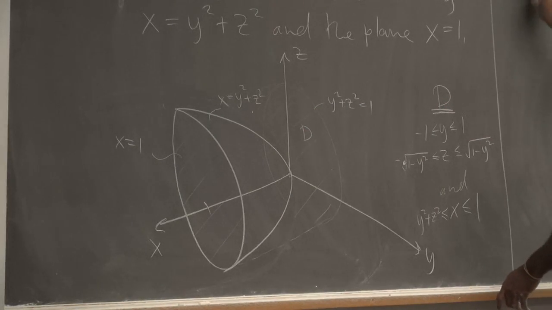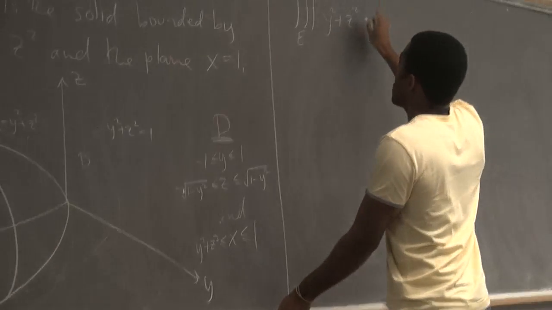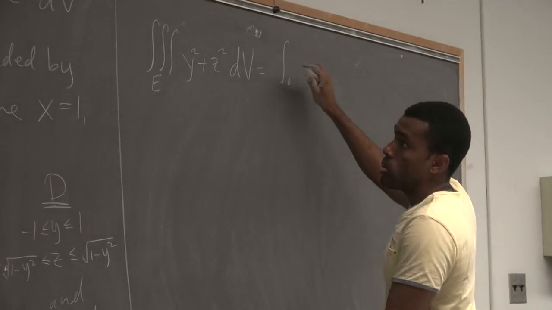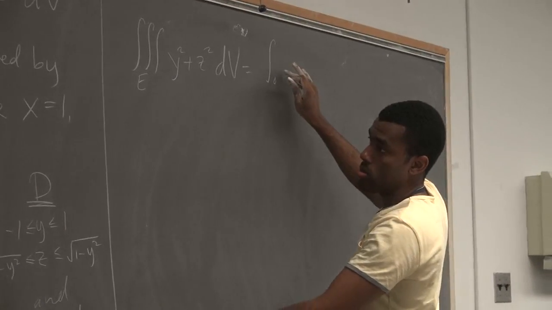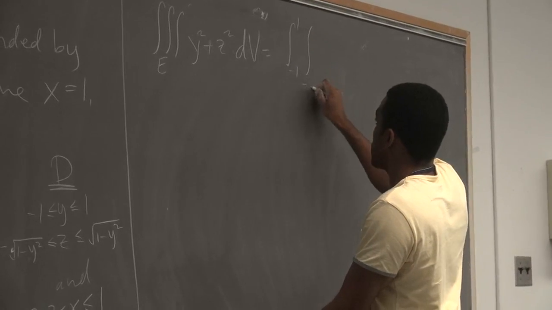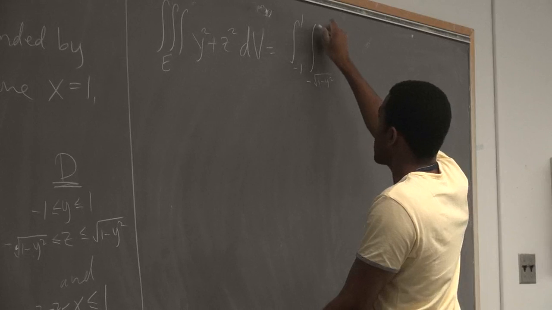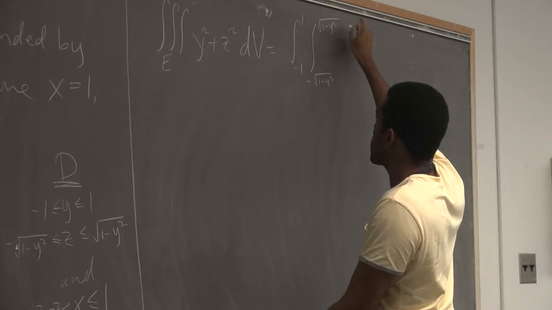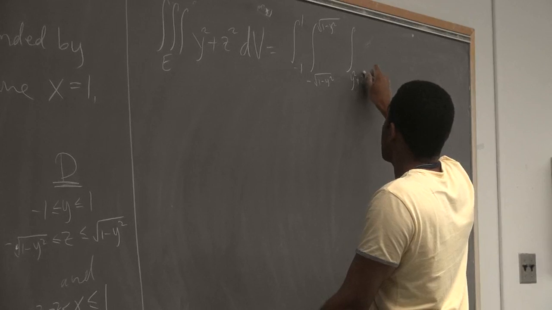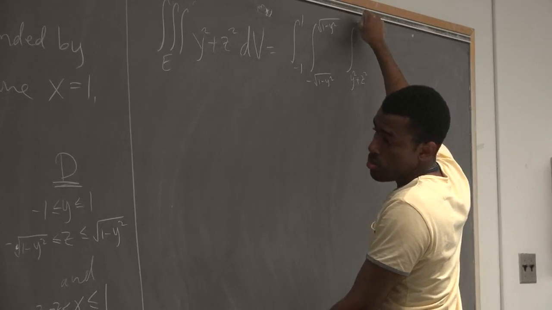So, a triple integral over E of y squared plus z squared, and D is just equal to integral from minus 1 to 1, minus radical 1 minus y squared to radical 1 minus y squared, y squared plus z squared up to 1.